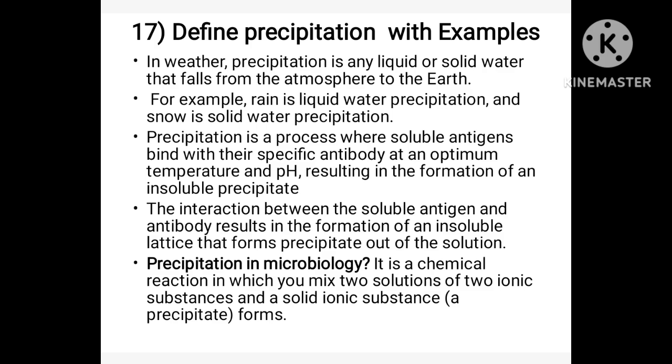Precipitation is a liquid or solid that falls from the atmosphere to the earth. Rainwater is the precipitate, and solid water means snow precipitate.